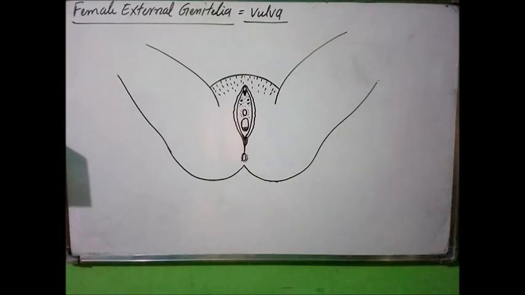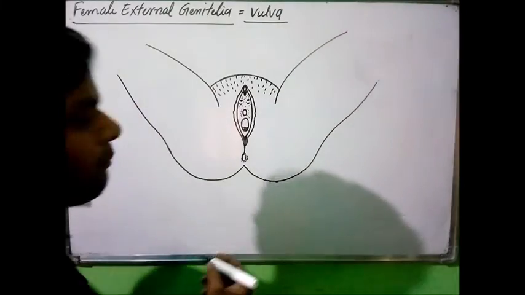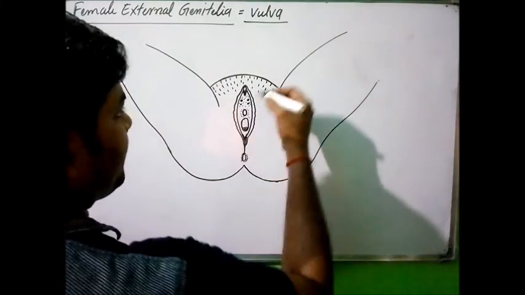Now see, in case of female external genitalia, which is also called vulva, I have told you it has different parts. So what different parts is it having? First of all, it is having mons pubis. So what is mons pubis?